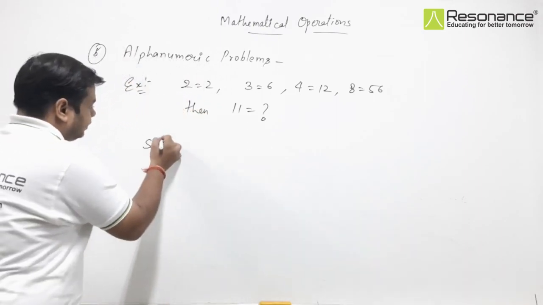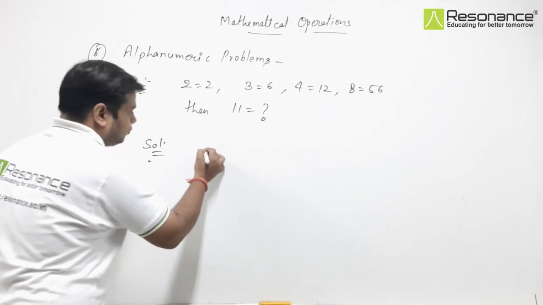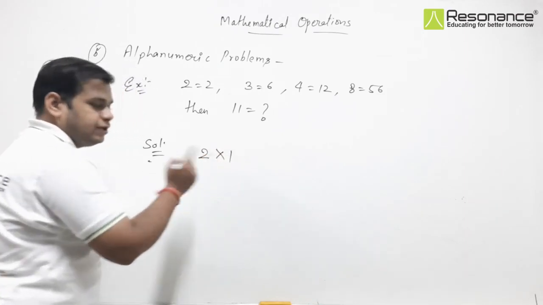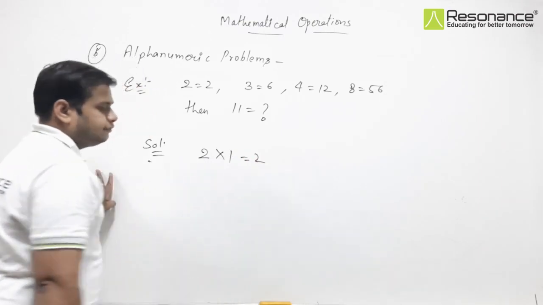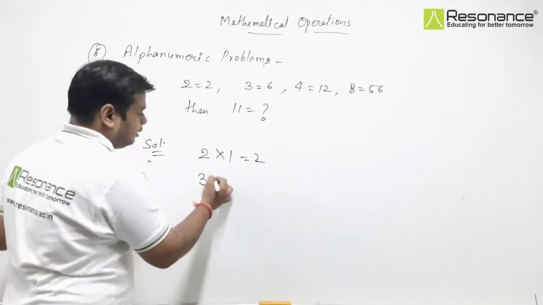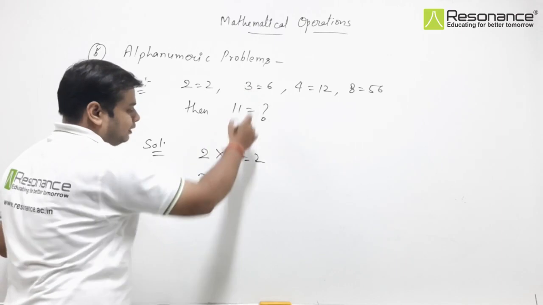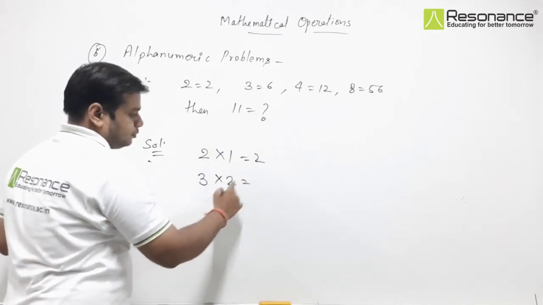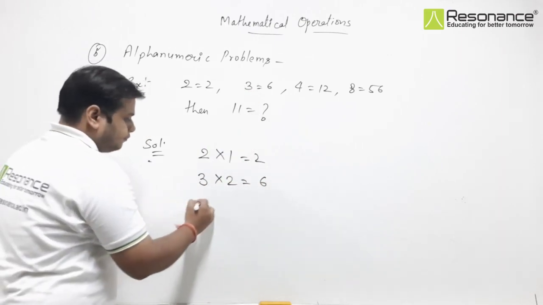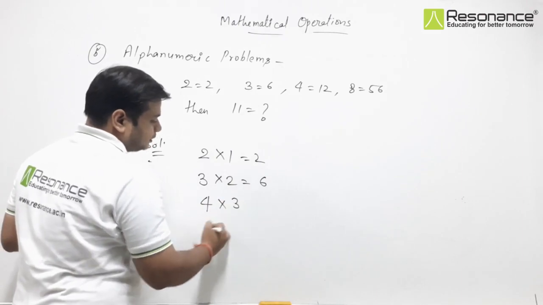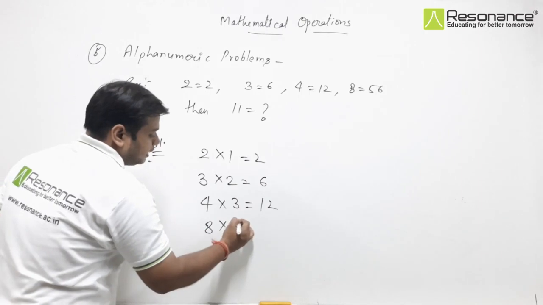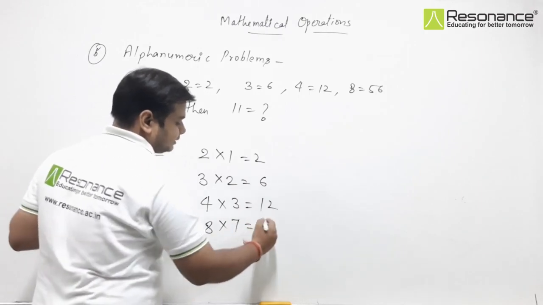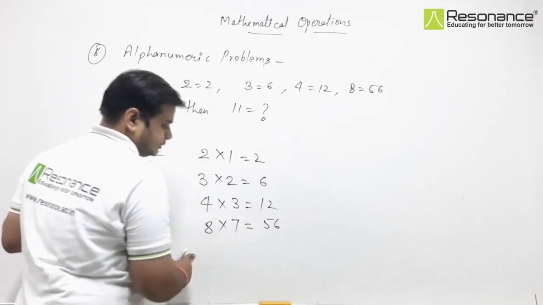We can see that 2 multiplied by its preceding number will give us 2. When 3 is multiplied by its preceding number 2, it will give us 6. When 4 is multiplied by its preceding number, it will give us 12. 8 multiplied by its preceding number will give us 56.